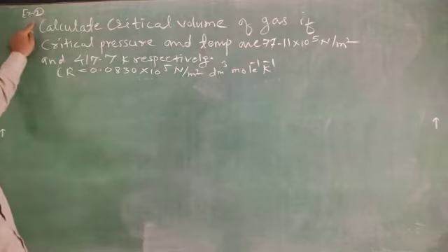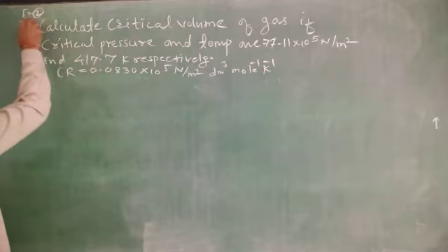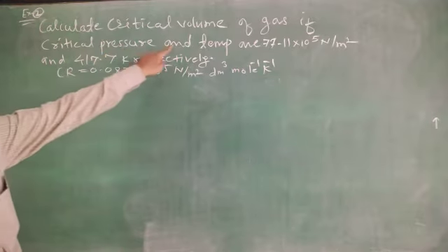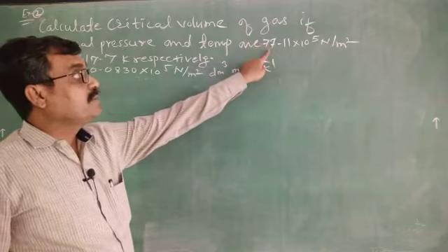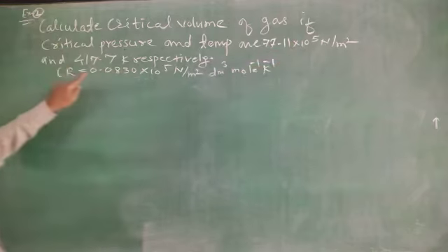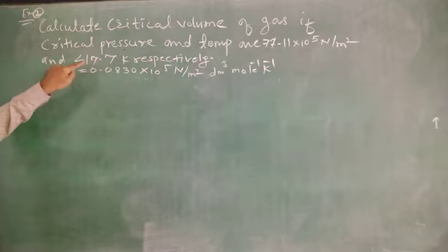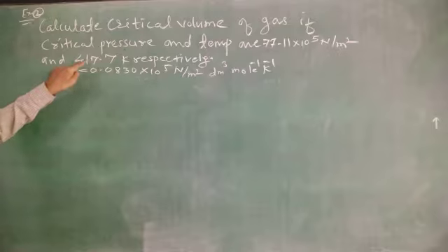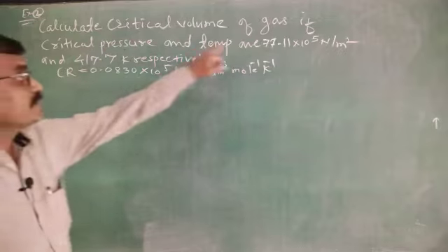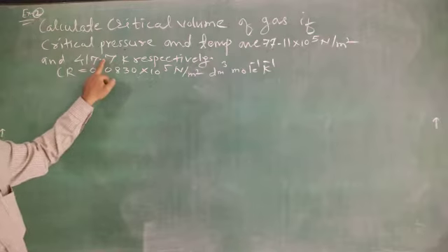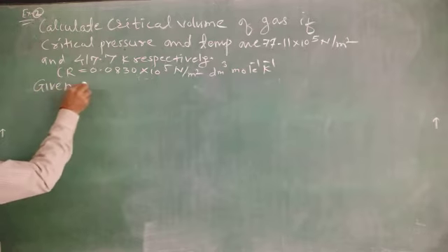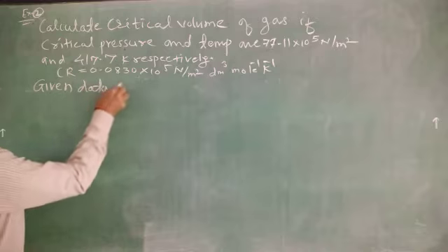Example second, calculate the critical volume of a gas if critical pressure and critical temperature are 77.11 into 10 raised to power 5 Newton per meter square and 417.7 Kelvin respectively. Means it is critical pressure and it is critical temperature, and you have to find out the value of critical volume.